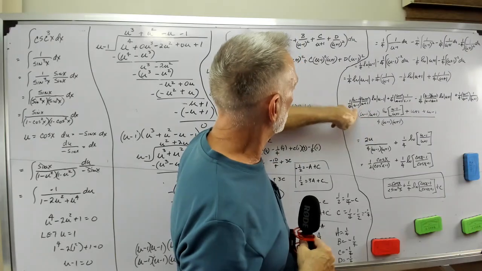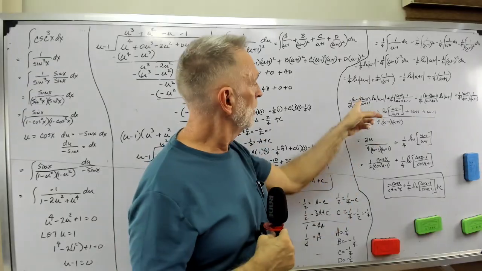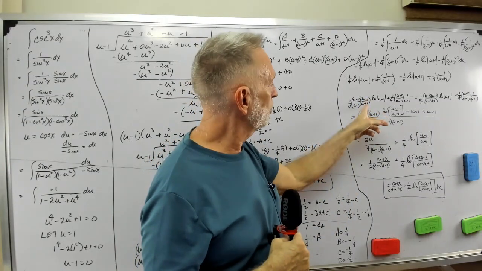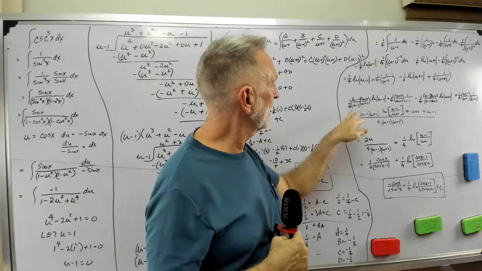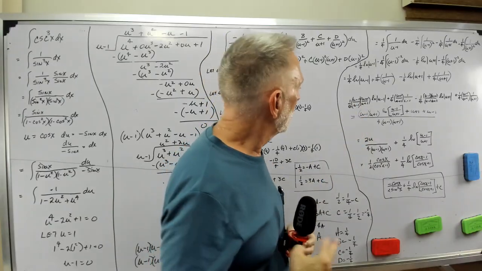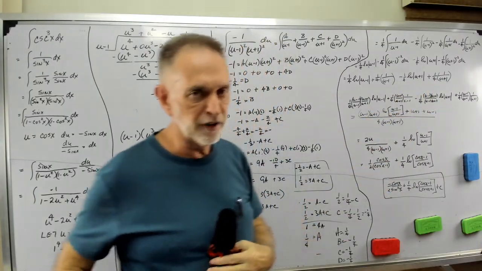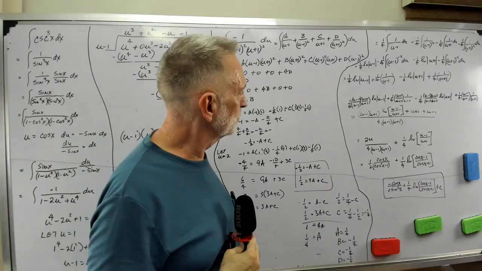So I needed to multiply this one by u minus 1 over u minus 1, which is 1, times u plus 1 over u plus 1, which is 1. That gave me then the terms in the denominator. And I go through that same process with each one. You guys obviously know how to get a common denominator.